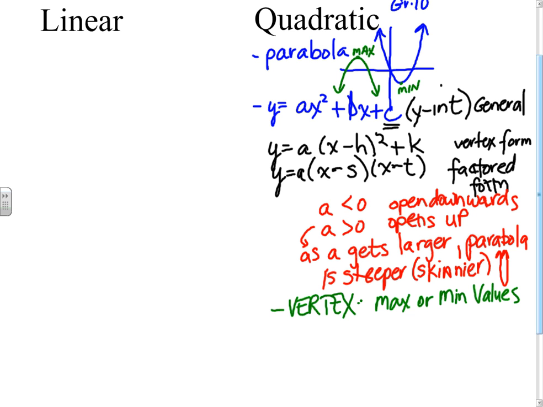To find x-intercepts, I'm trying to mirror the things that we talked about with the line. To find x-intercepts, we also set y equal to 0, but that usually meant we had to factor first.